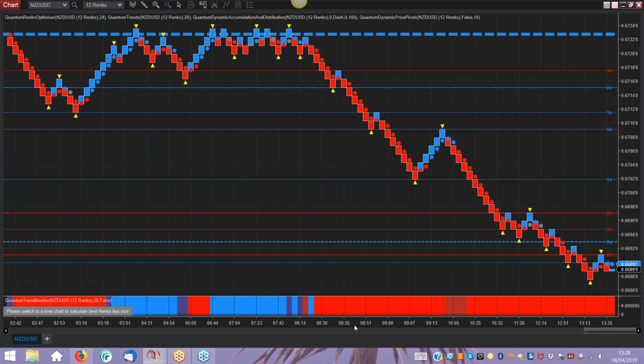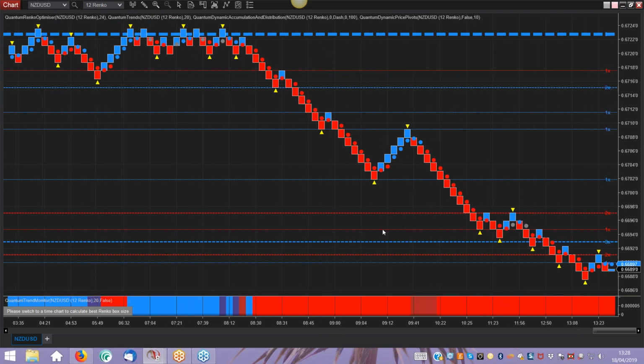And the Renko on NinjaTrader works in a similar way to that on MT4 and MT5, in that you have the opportunity to allow the indicator to advise which is the optimal setting for the indicator itself. In other words, it will select the optimal brick size, or you can choose the brick size yourself.